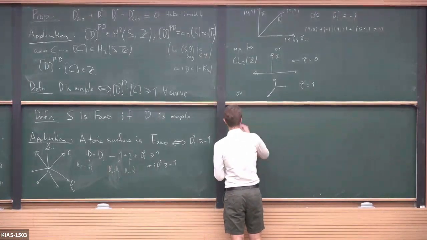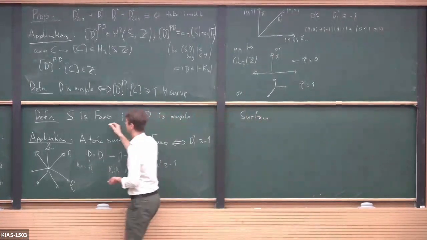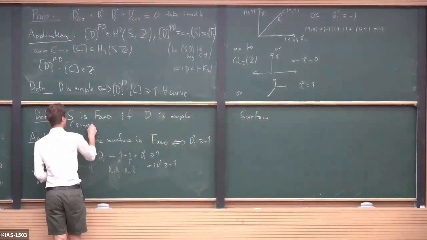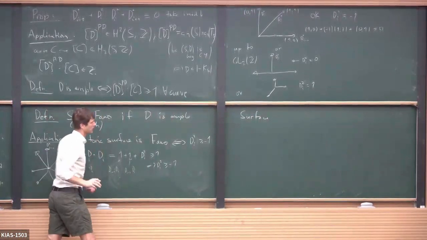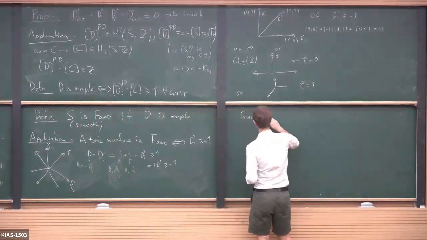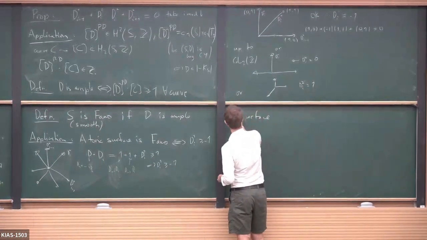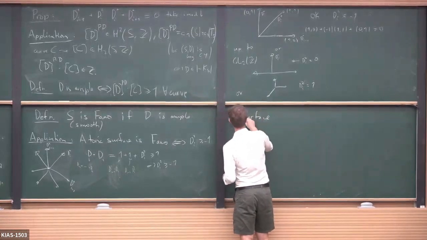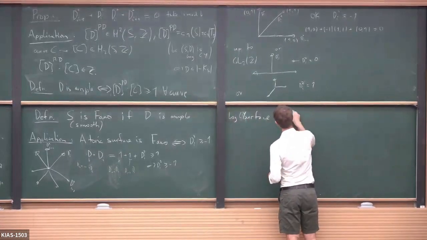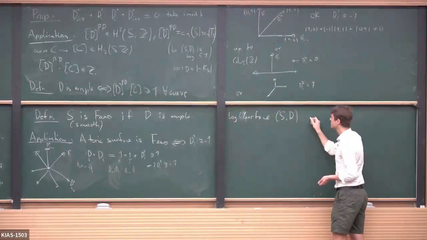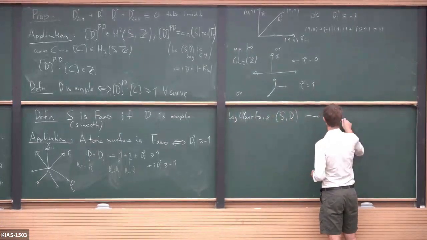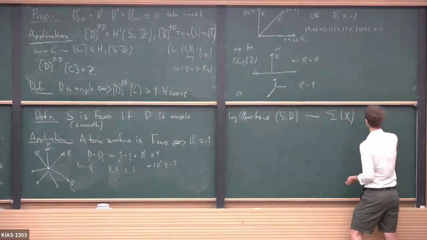So I should say, here I assumed smooth, which I've always been assuming implicitly. If we have a log Calabi-Yau surface, S_D, and we consider its tropicalization, the way we did before.